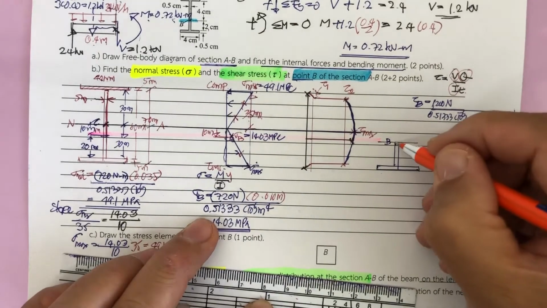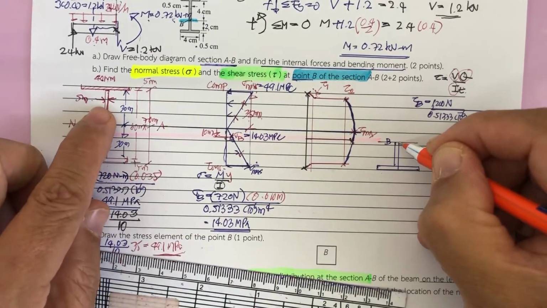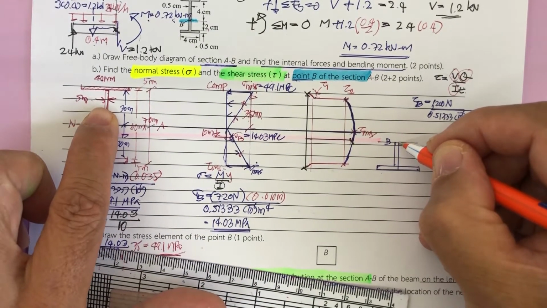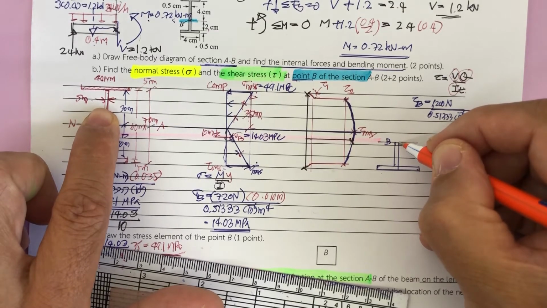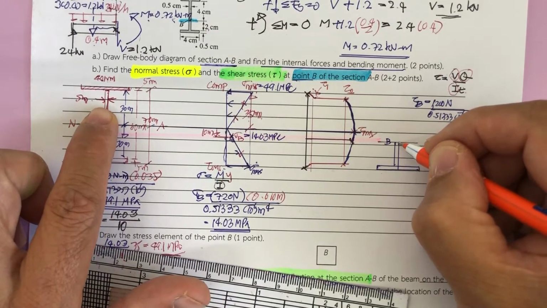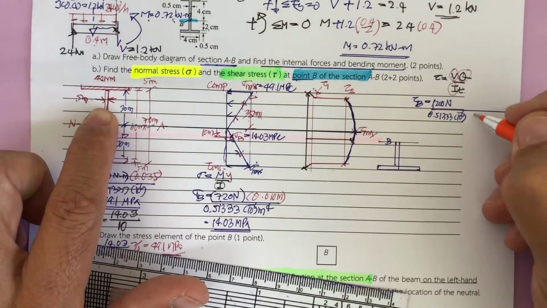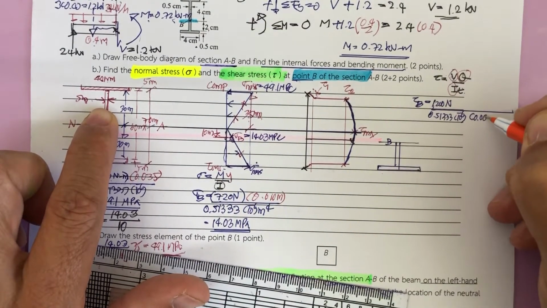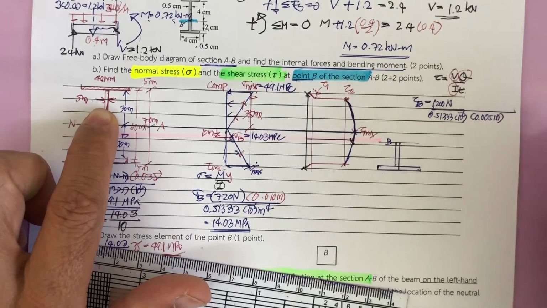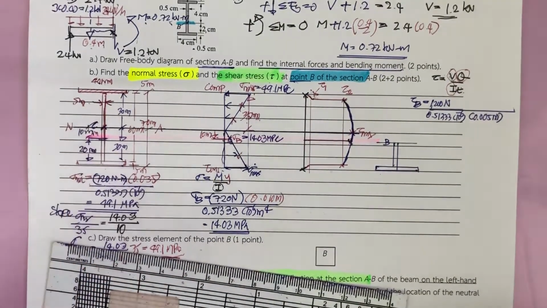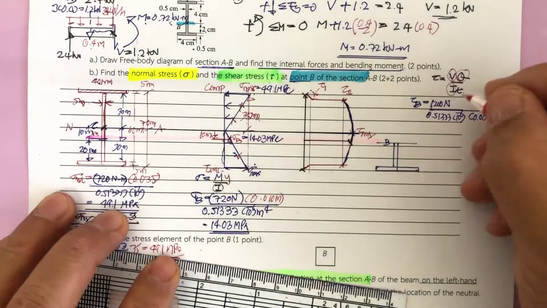And the thickness here is only 5 millimeter, so the divider of this is going to be 0.005 meter. And the last one that we are looking for is the Q.